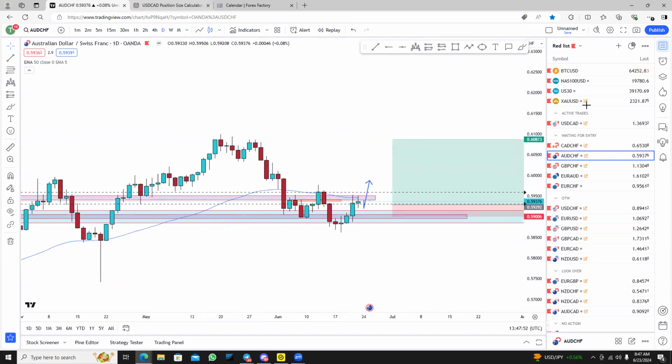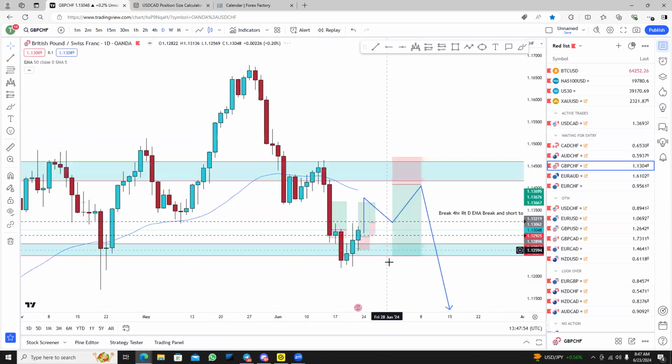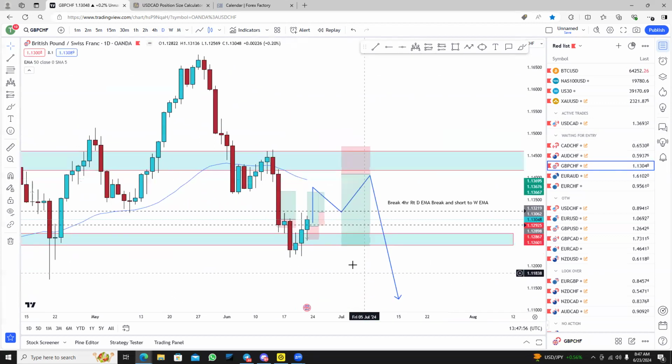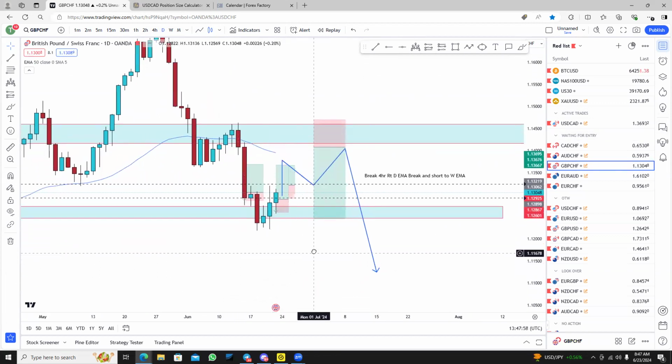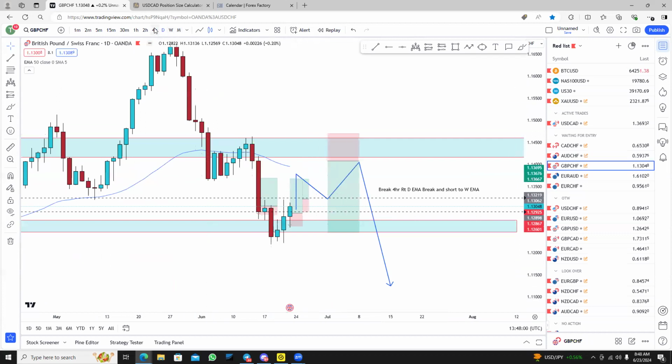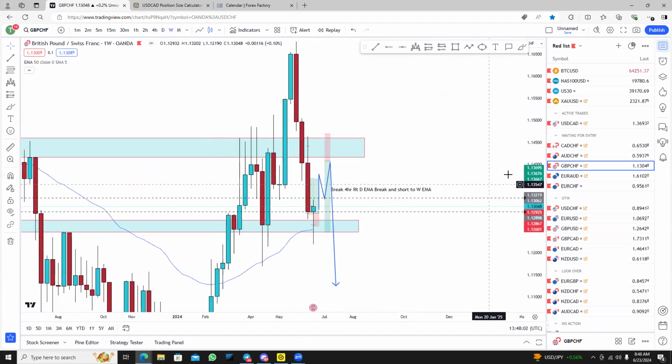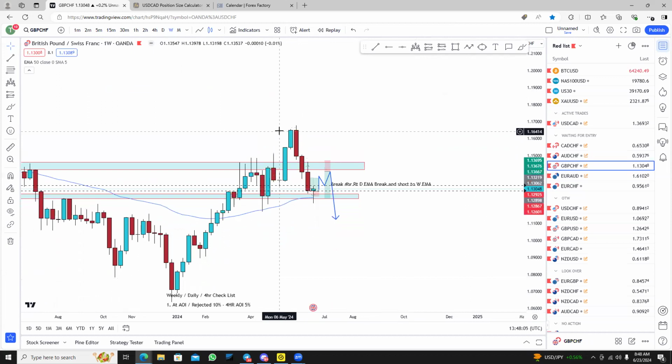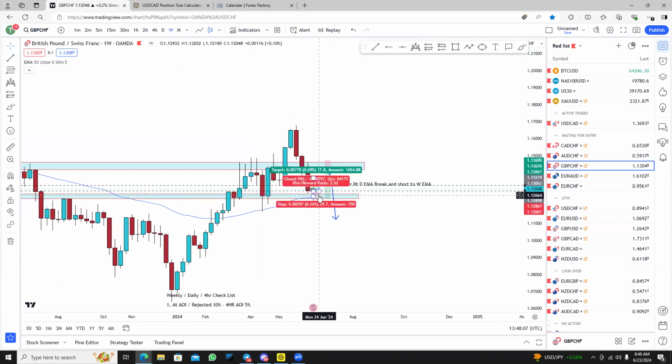All right, let's go to our next one. GBPCHF. Wow, that does not look interesting. All right, break her down. Weekly, bearish, lower low, lower high.